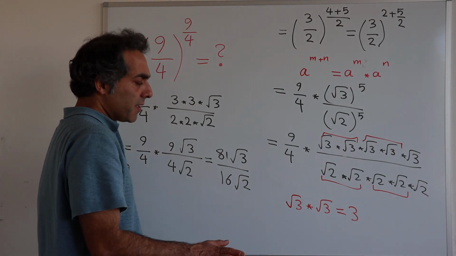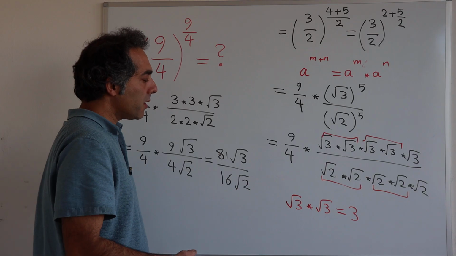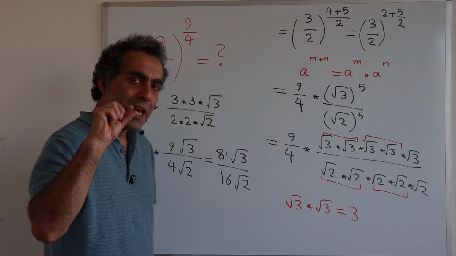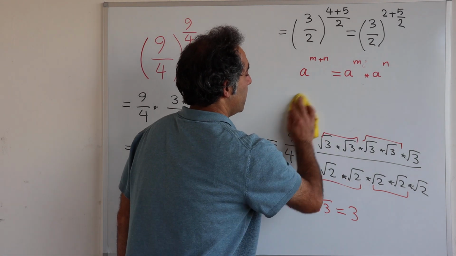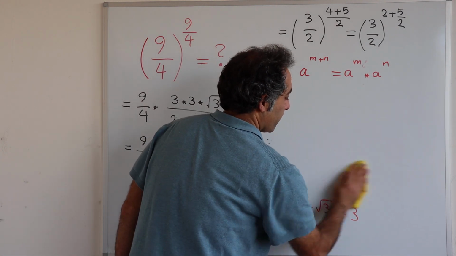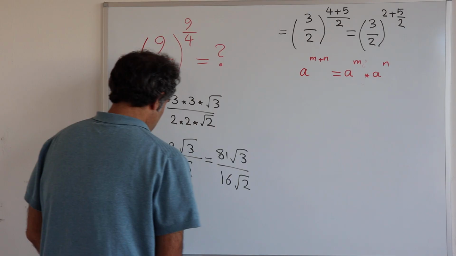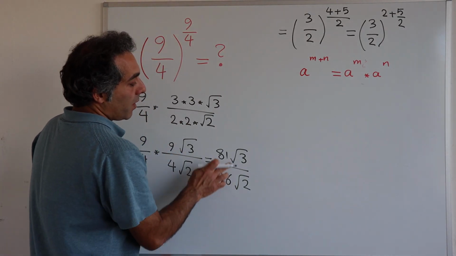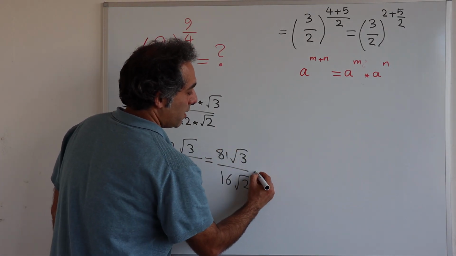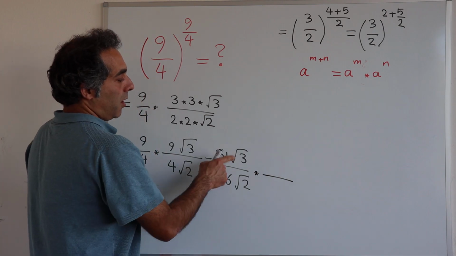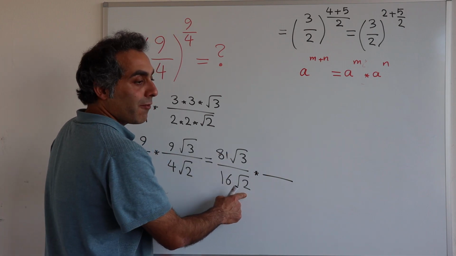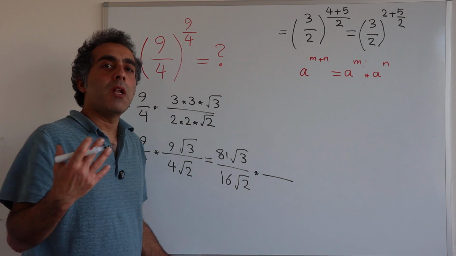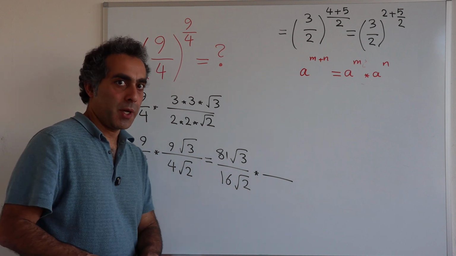Maybe it's enough until here, but you can go a little bit further. I show you here by multiplying both sides of the fraction by the square root, because we don't like a square root in the denominator.